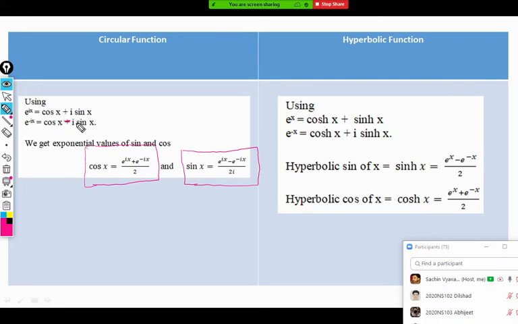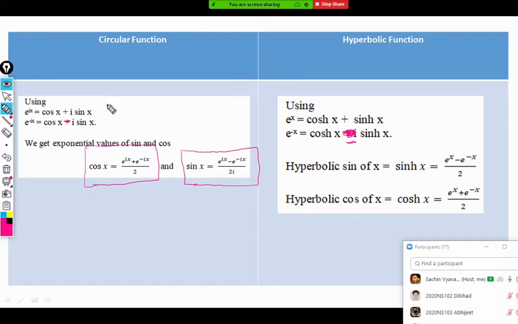This is a minus sign here. Same thing, e raised to x is cosh x plus sinh x, and e raised to minus x is cosh x minus sinh x. Again I made a mistake, I will correct this slide. So e raised to minus x is cosh x minus sinh x only. This is not iota there. I hope you are getting it.